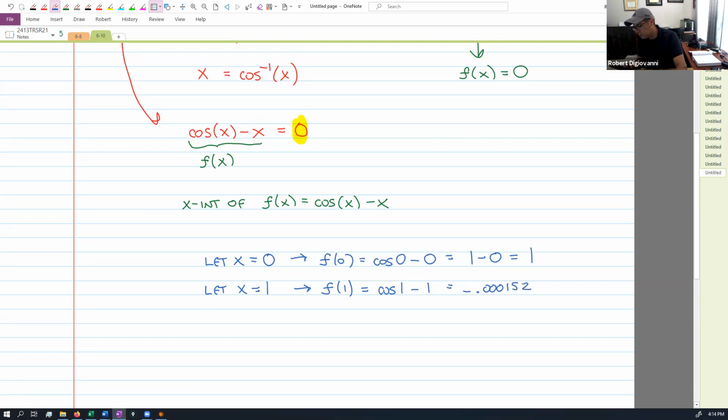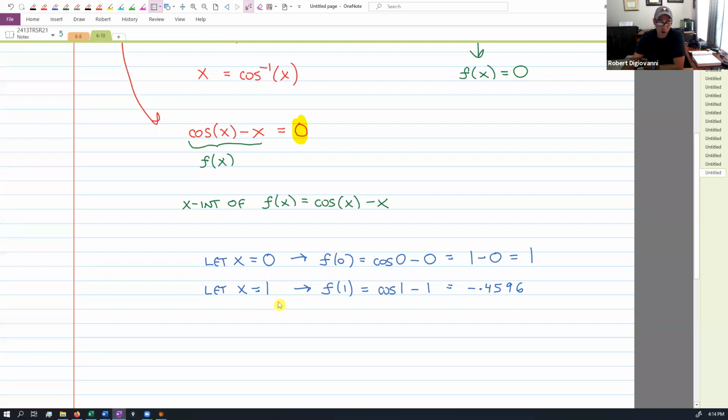Oh, wait, I'm in degree mode. I just told you to be in radian mode, and I'm in degree mode. I don't remember when I switched it. Okay, I get negative 0.456.